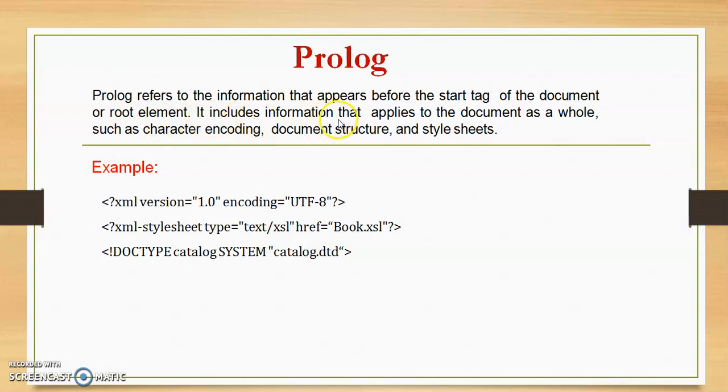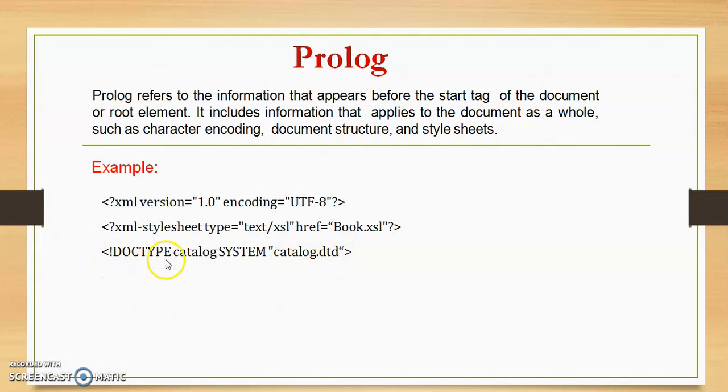It includes information that applies to the document as a whole, such as character encoding, document structure, and style sheet information. For example, you can have the version information, encoding information, style sheet information, and if you have the DTD as a separate file, the file name is mentioned here as catalog.dtd.